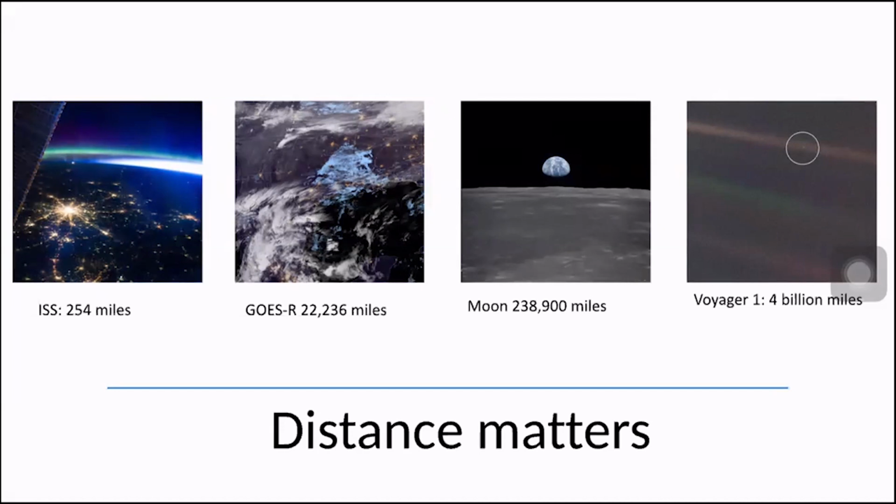And let's move right. It's GOES-R. GOES-R means the Geostationary Operational Environmental Satellite. That's a geostationary orbit, geostationary satellite. The distance from this platform to the ground surface is 22,000 miles.